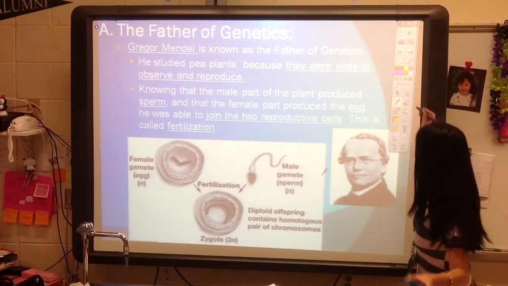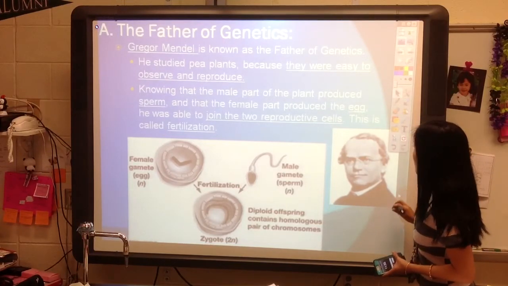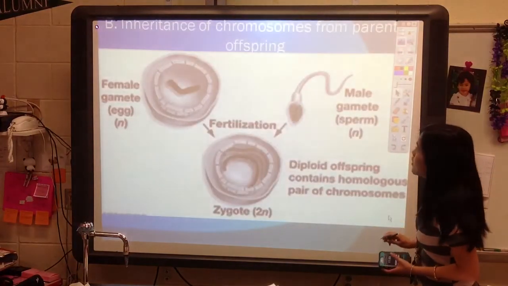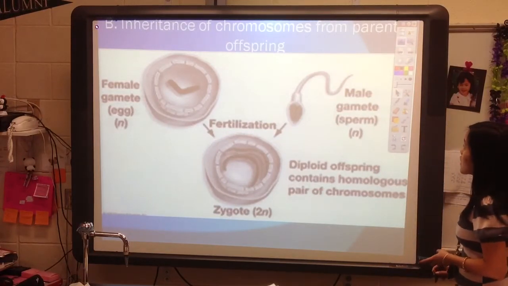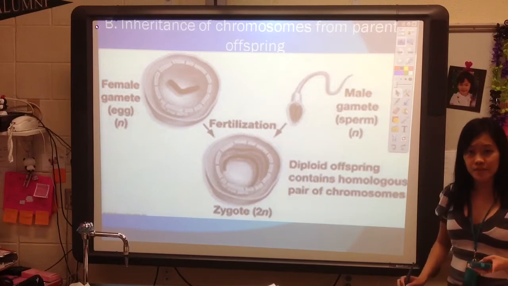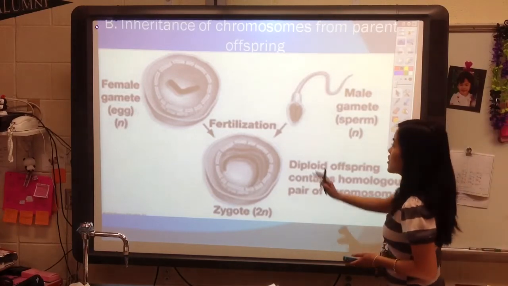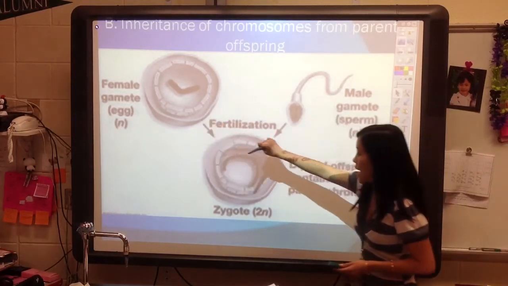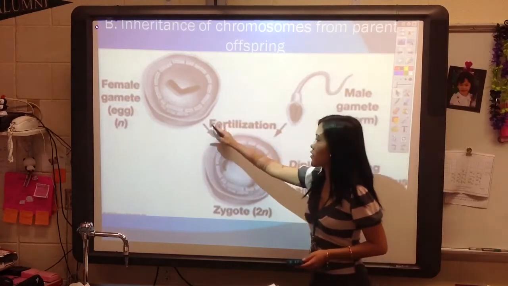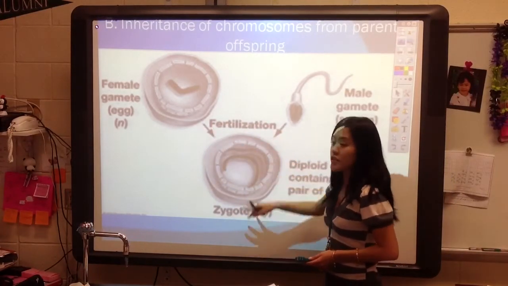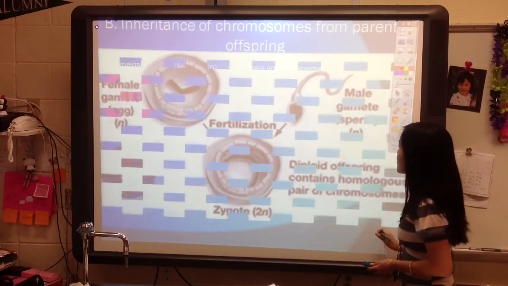So then, we want to actually look at how the inheritance of those chromosomes come from parent to offspring. And so here again you have your female egg and your male sperm, and they're going to join together. When they join together, that's called fertilization, to form your zygote.